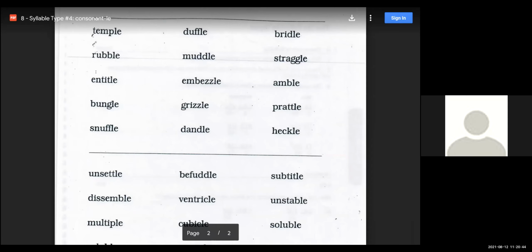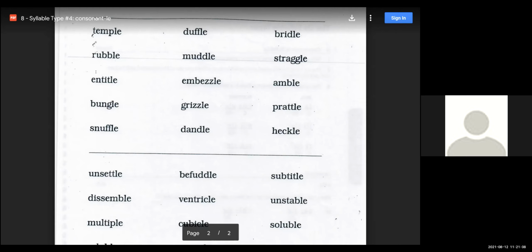I said maybe you read first these five words, then maybe me, and then Lizette. For everybody to read. Okay, start.